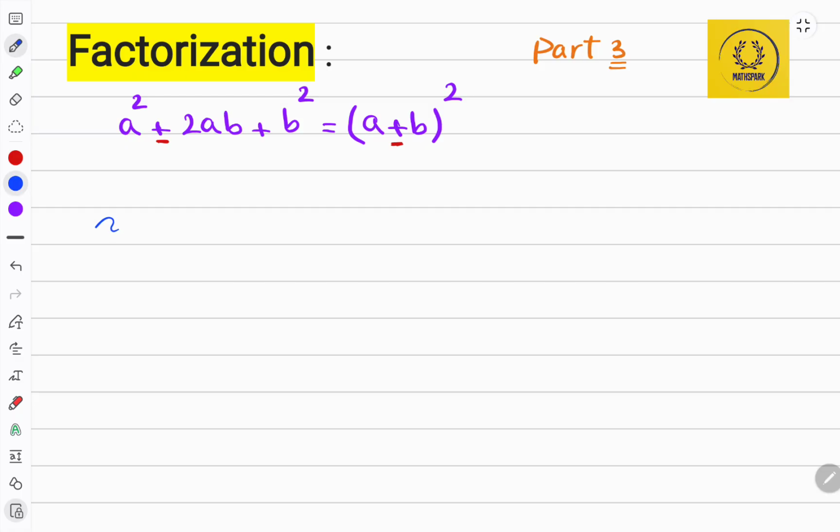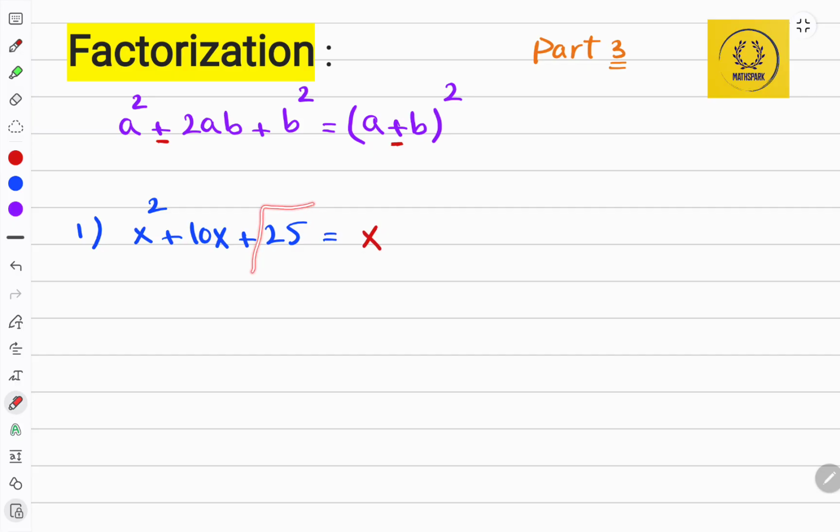The first example, x squared plus 10x plus 25. So we can see that we have a perfect square trinomial. The first term is x squared. The square root of x squared is x.